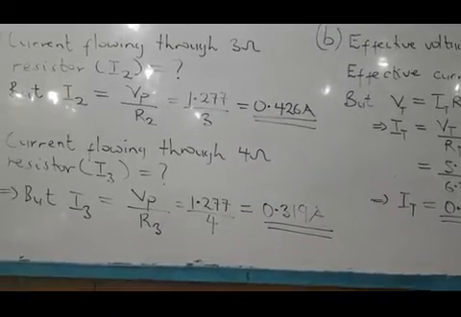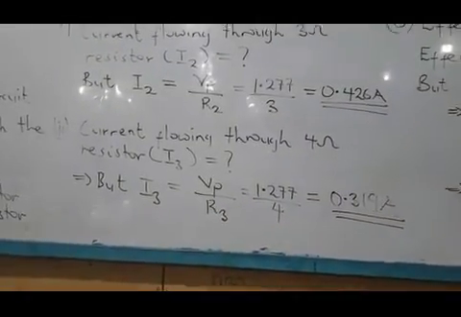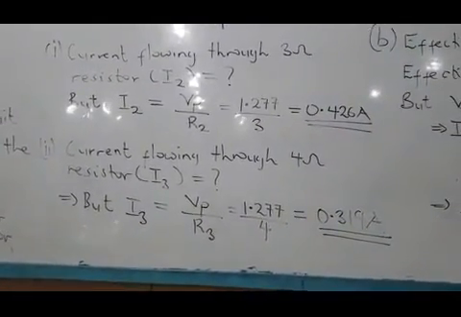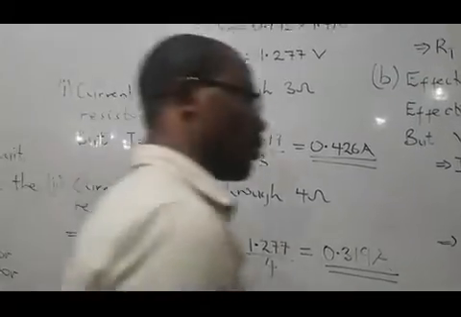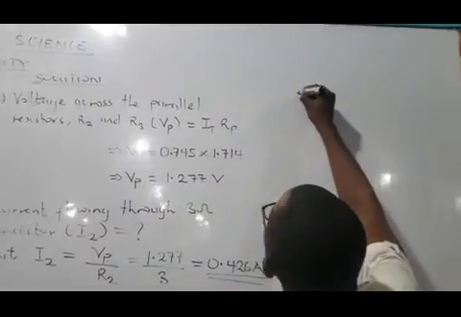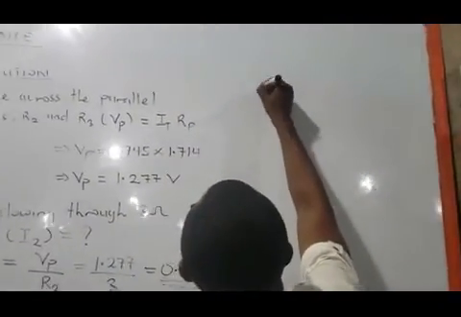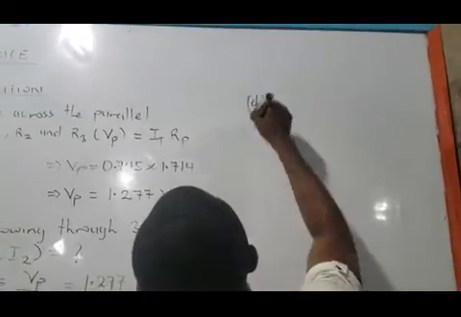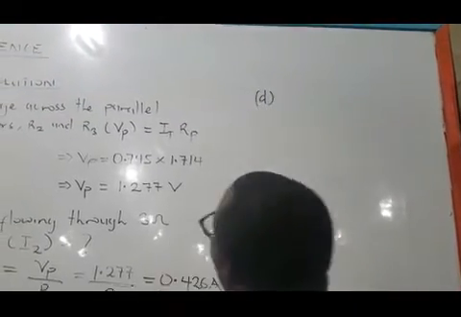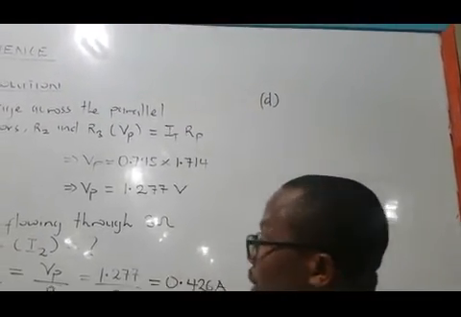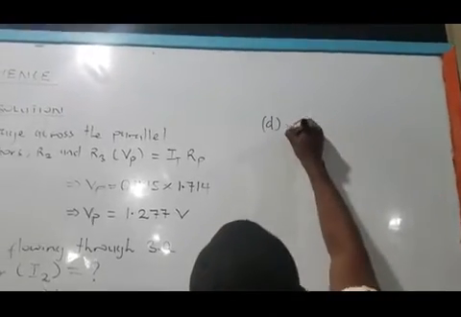The last question here is question D. Now question D says you should find the voltage across the 5 ohm resistor.